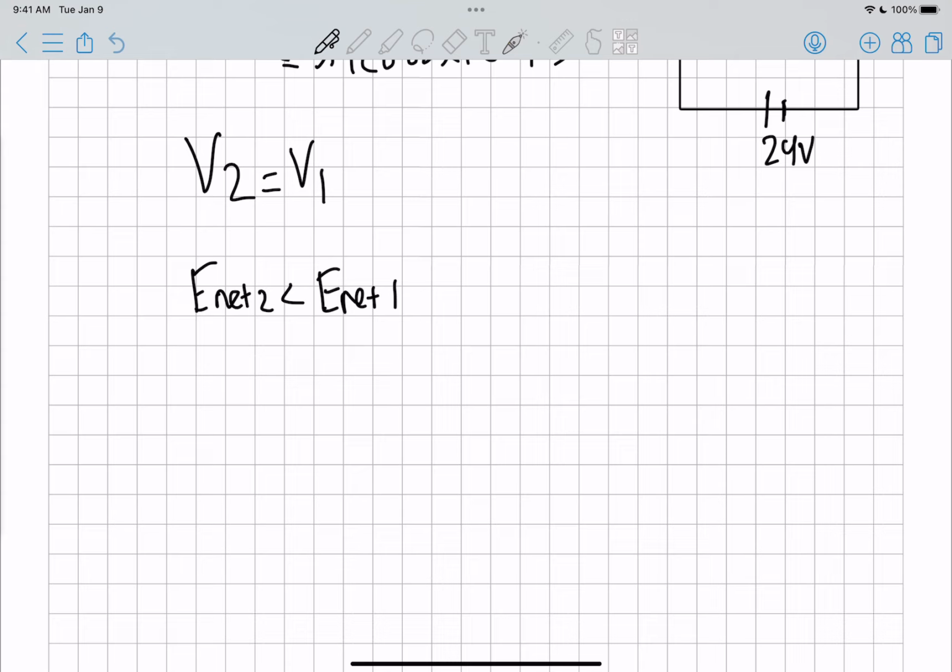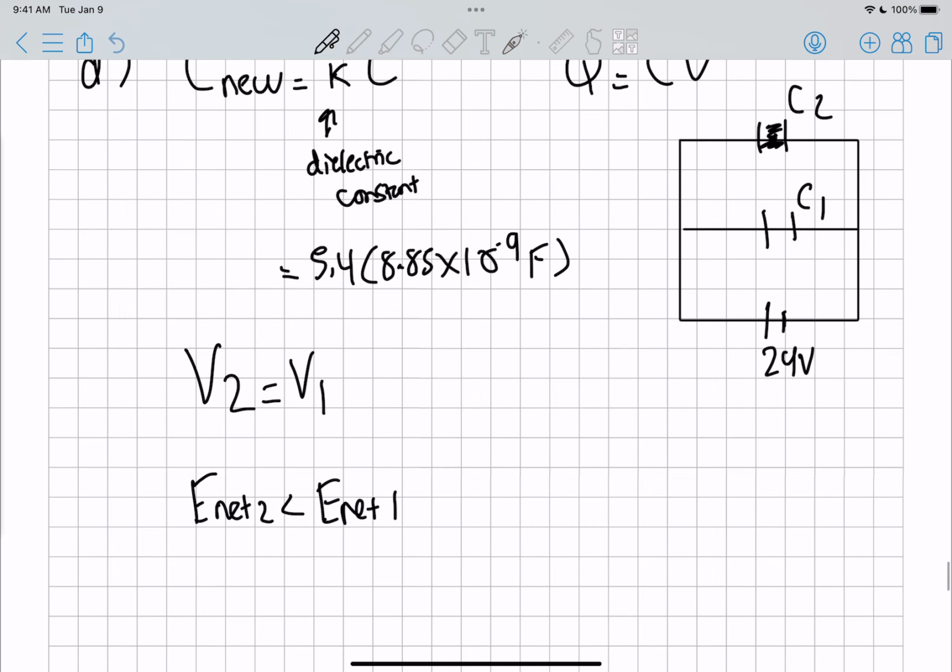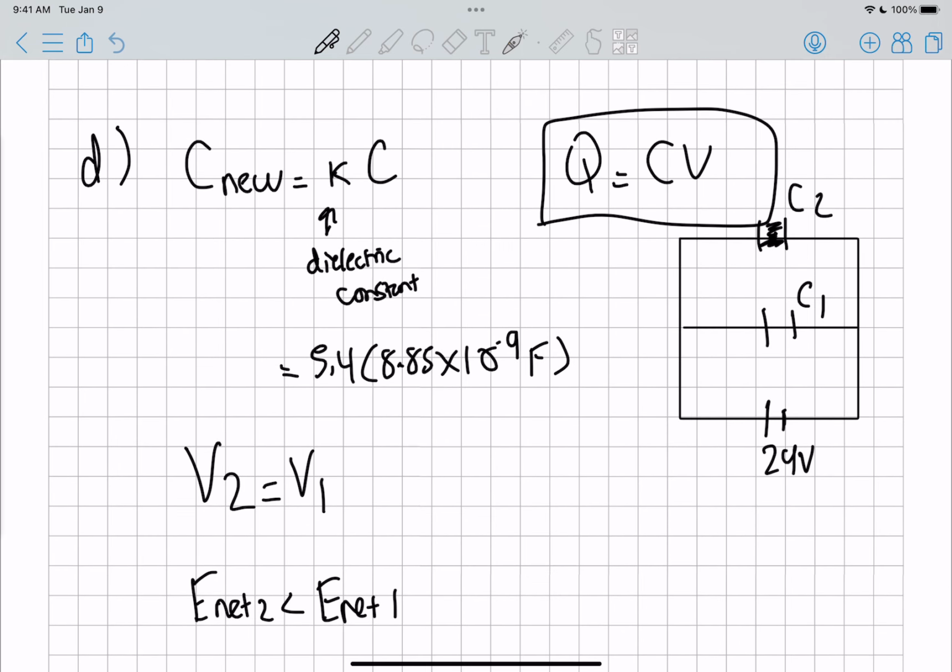Now when we're looking at charge, well, once again, Q equals CV. The voltage across them has to be the same. So this one has 24 volts, this one has 24 volts, but the capacitance is different, right? So this capacitor has increased capacitance because of the dielectric.